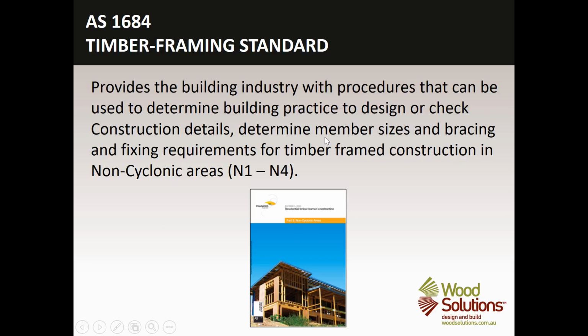Provides the building industry with procedures that can be used to determine building practice to design or check construction details, determine member sizes and bracing and fixing requirements for timber frame construction in non-cyclonic areas with wind speeds from N1 to N4. So does everybody know what I mean when I say wind speeds now? So we covered that last week. Typically, you're going to deal with wind speeds of N1, N2 and N3.